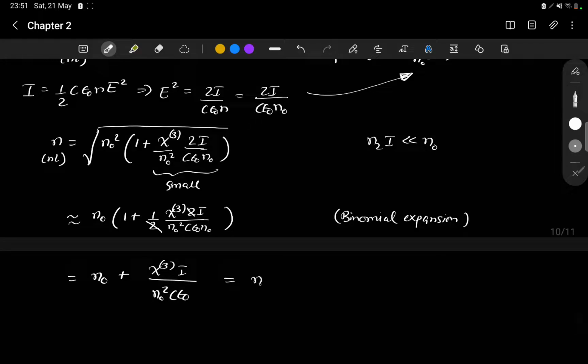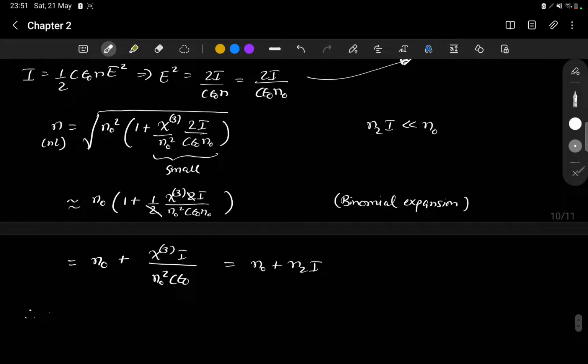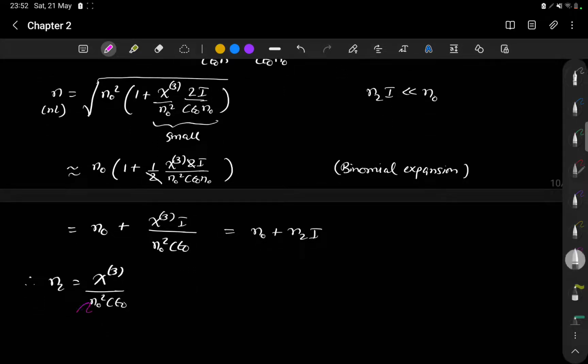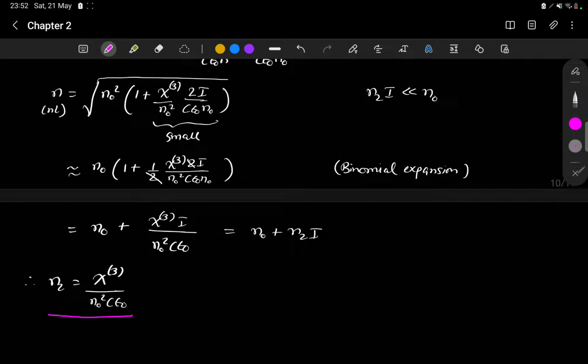So this, if we write in the following form, gives us n2 is equal to chi3 over n0 squared c epsilon naught. So this solves even the second part of the question, wherein we had to find this expression for n2 in the case of nonlinear crystals having inversion symmetry, where the third order nonlinear effect is the dominant nonlinear effect.